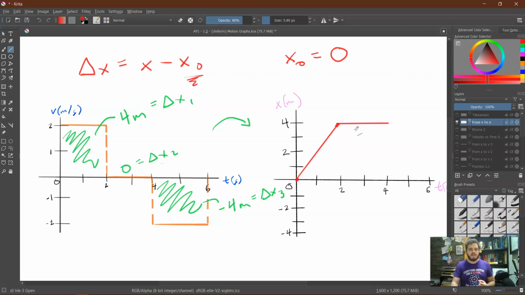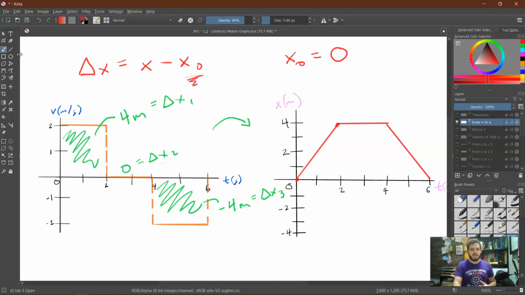So stay at the same position. It is now at rest. And from 4 to 6 seconds, we have minus 4 for the delta x. So we're going to go from 4, well, minus 4 would be back to 0. And there we go. And this is now my position versus time graph for this velocity versus time graph.